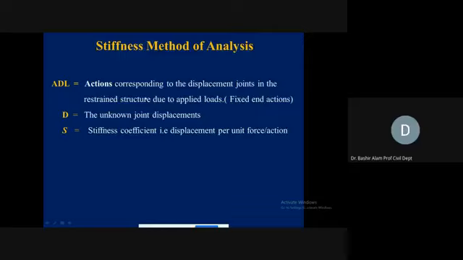If you are finding the slope in the actual structure, you need to find the shear in the conjugate beam at that particular point. And if you are finding, let's say, settlement or deflection in the actual structure, you need to find the moment at that particular location in the conjugate beam. So a lot of calculations were involved there.